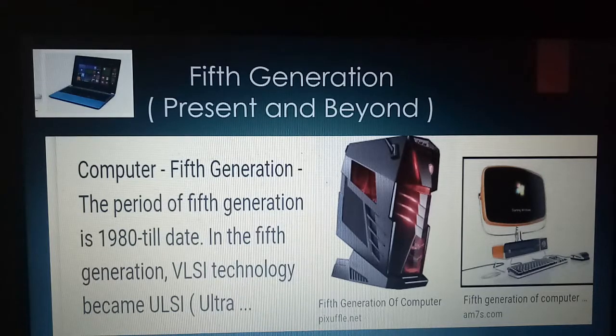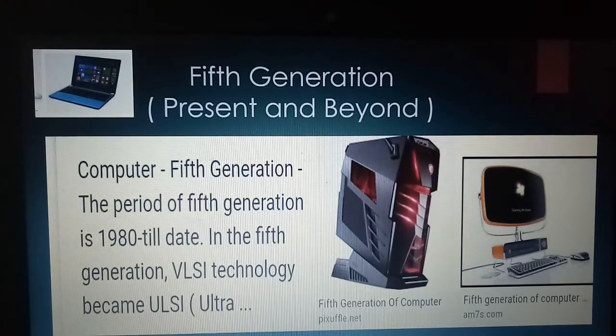So take a copy, make columns, and write down the generation, for example first generation, the device or component used, for example vacuum tube, second generation transistor, third generation IC, and so on.